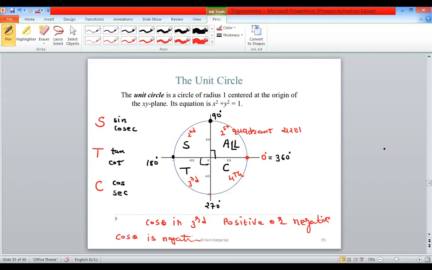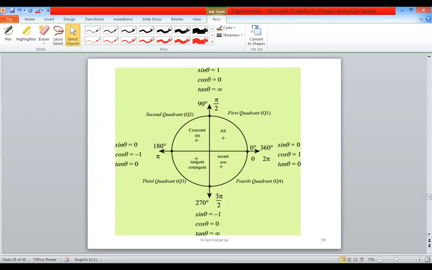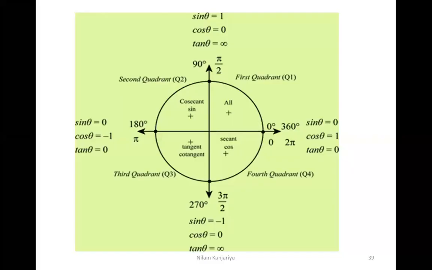Let me give you one more figure. This is just a rough figure. I give you a beautiful figure to understand more things. Yes, this is a really beautiful and interesting figure. Look here.